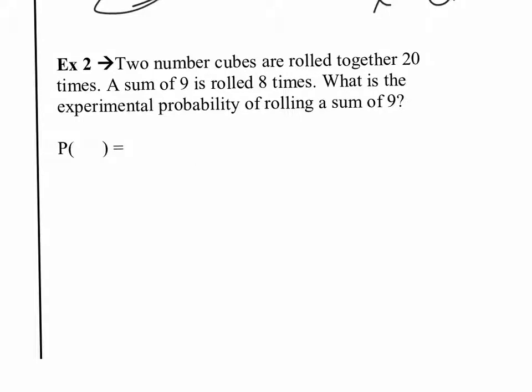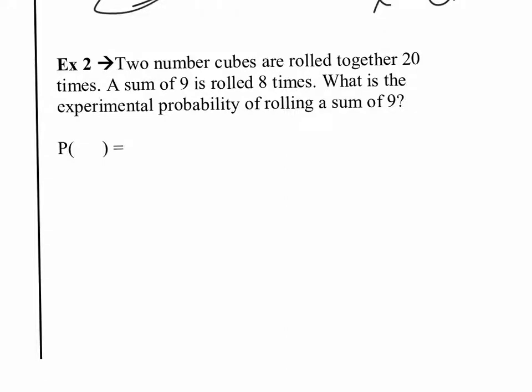Example number 2. 2 number cubes are rolled together 20 times. A sum of 9 is rolled 8 times. What is the experimental probability of rolling a sum of 9?